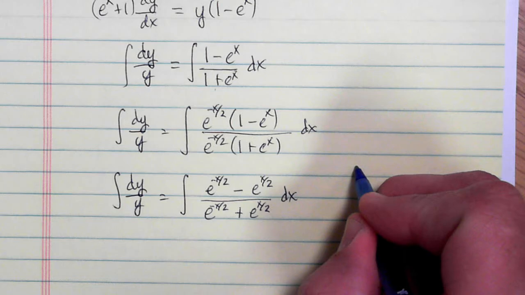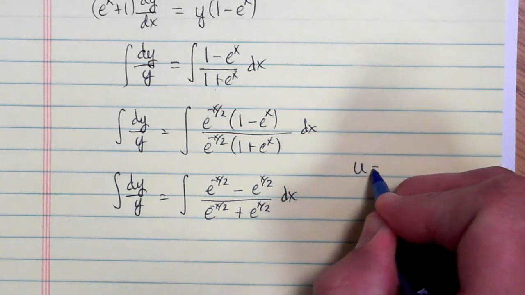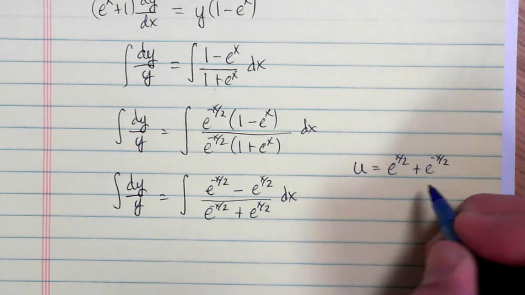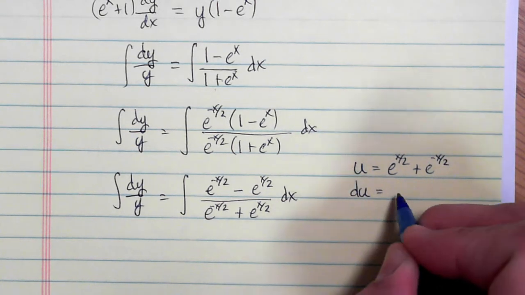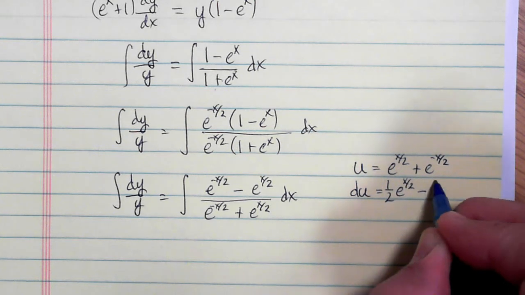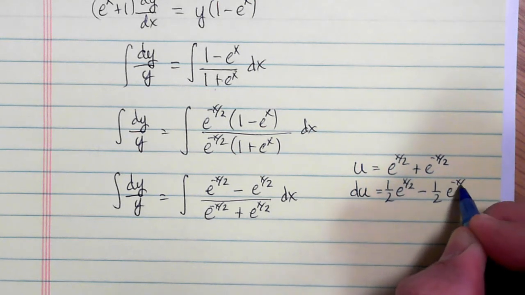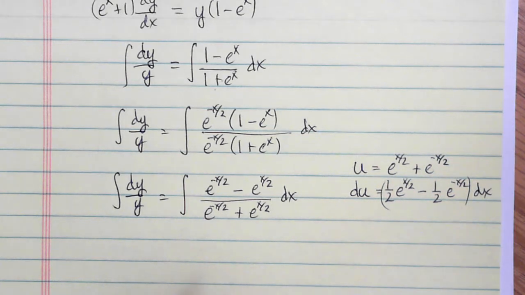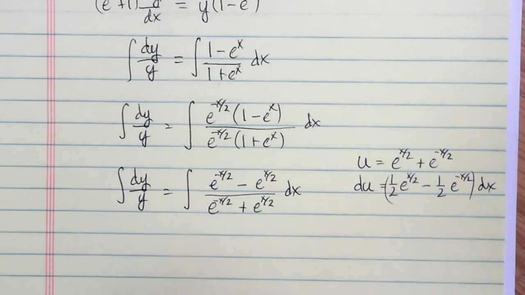The reason is now I can use a u substitution. U is equal to e to the x over 2 plus e to the minus x over 2. If I take the derivative, I get 1/2 e to the x over 2 minus 1/2 e to the minus x over 2 dx. And except for a factor of negative 1/2, that's exactly the numerator.